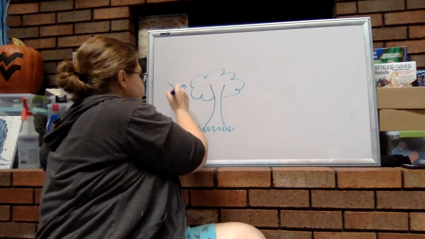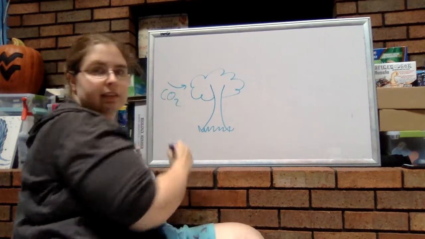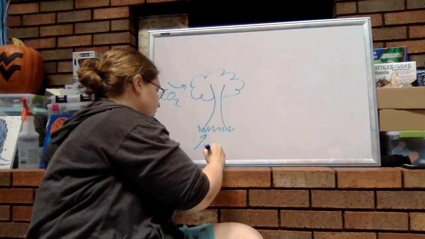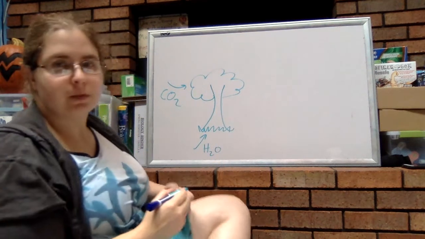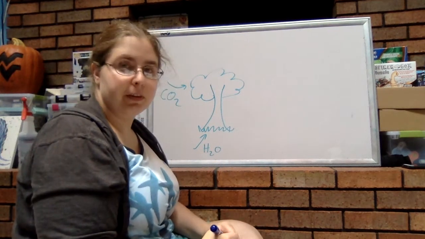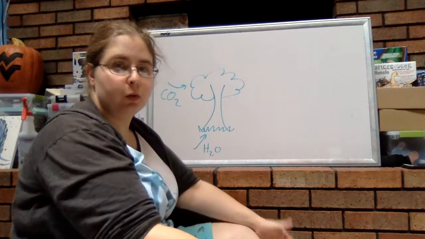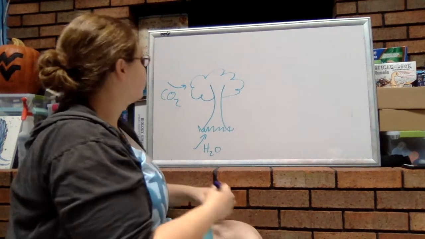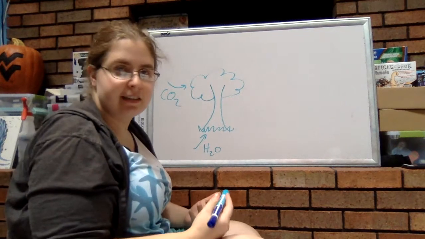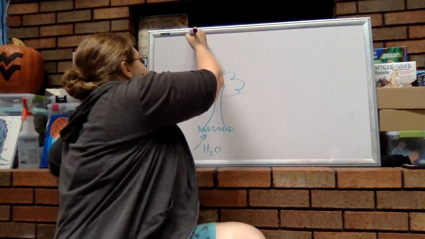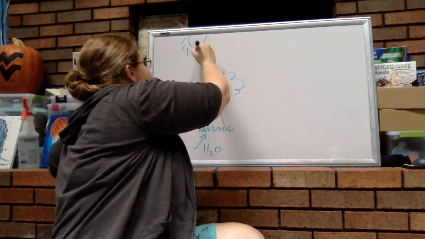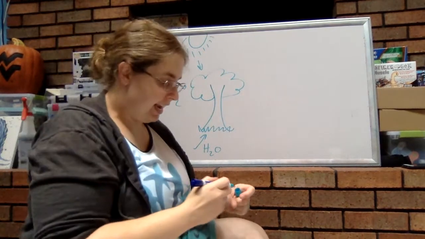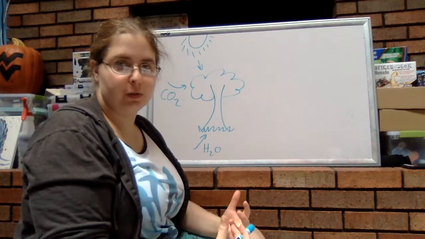It'll take in carbon dioxide and it'll absorb water from its roots. Now, this is actually very important because these are the two ingredients for photosynthesis to occur, the two reactants of it. Then it's the sunlight, which acts like a catalyst and triggers the reaction.